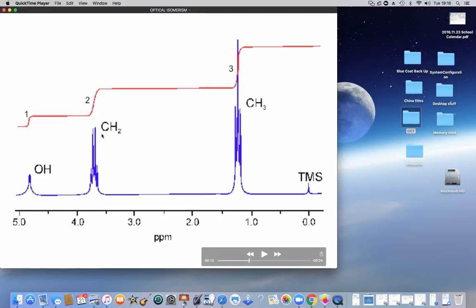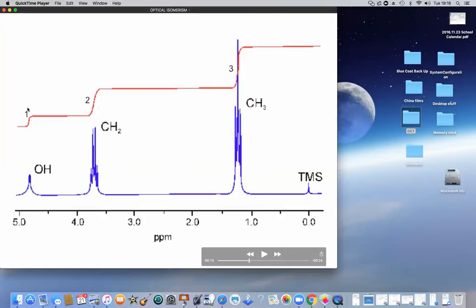And as you can see, it's very hard to see how much area there is under the curve. So they've given us these integration peaks or integration curves, and the number next to them indicates the relative number of protons in each signal.